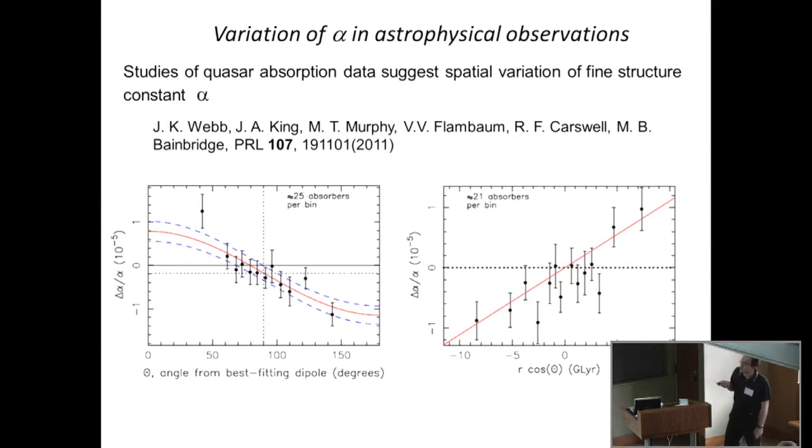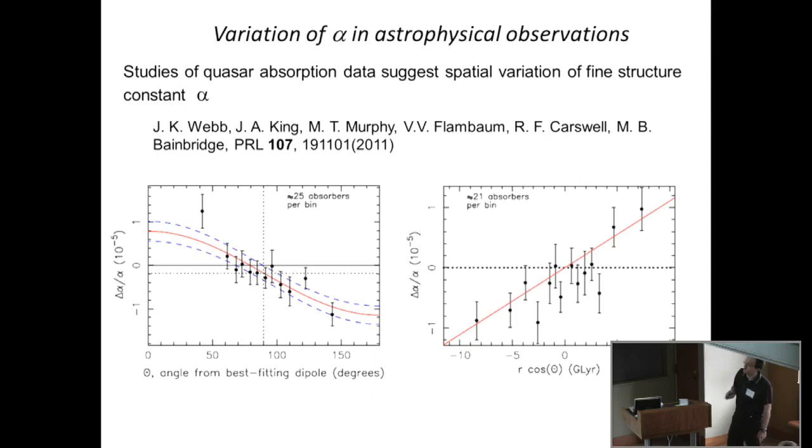It's not a temporal variation, but the data are better described by a spatial variation with a dipolar angular pattern dependence and a linear dependence of variation on distance. And the size of this variation is approximately 1 part in 10^5.